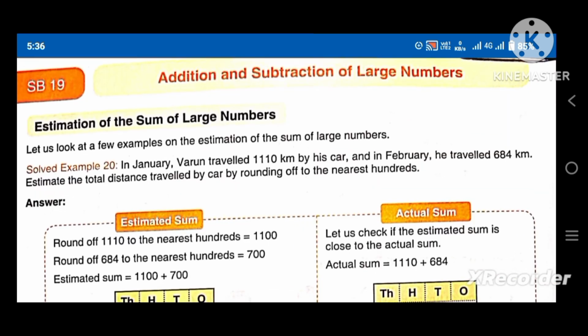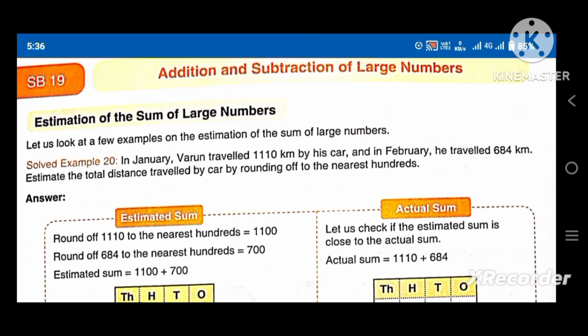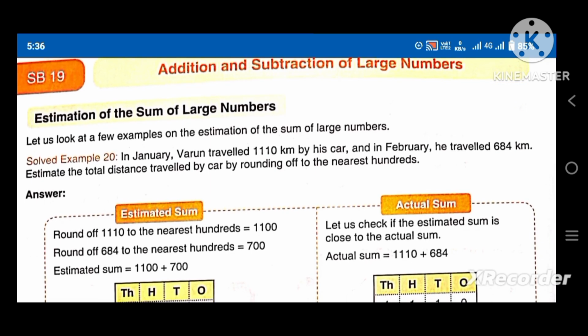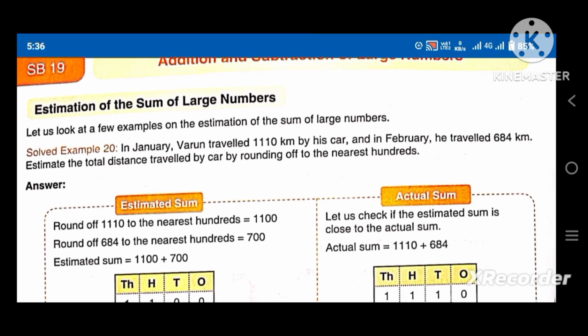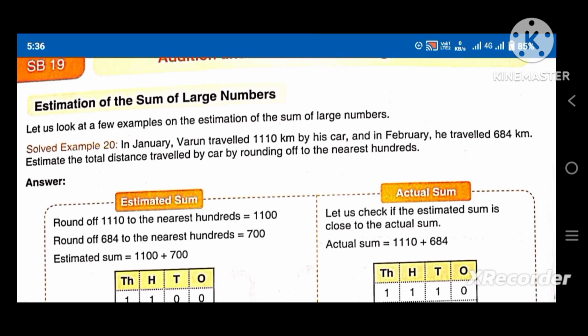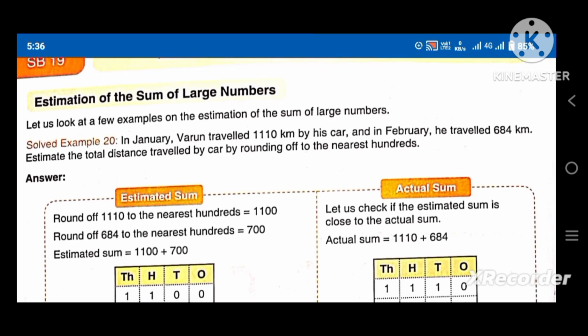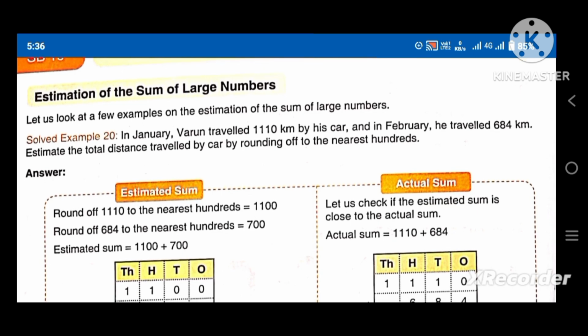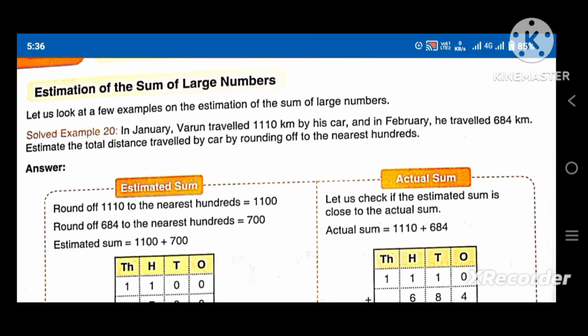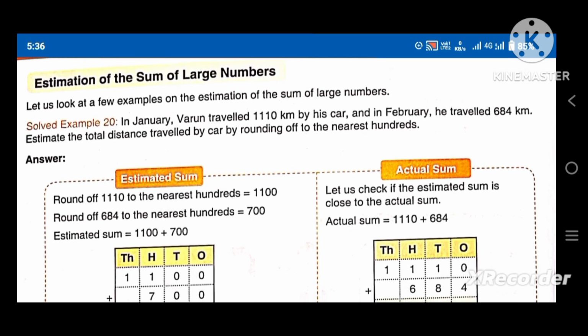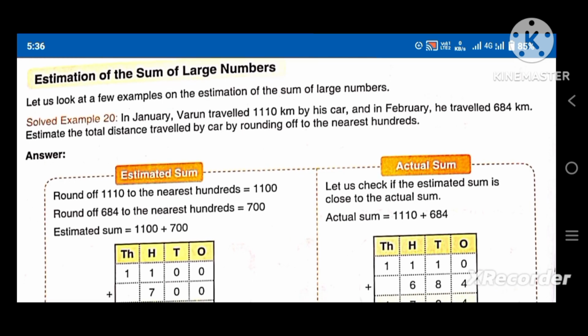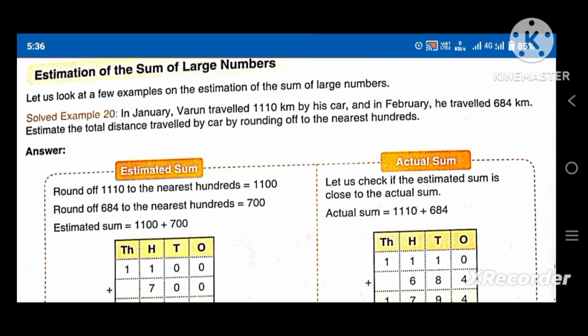Addition and subtraction of large numbers SB-19. Estimation of the sum of large numbers. Let us look at a few examples. Solved example 20. In January, Varun traveled 1110 km by his car, and in February he traveled 684 km.